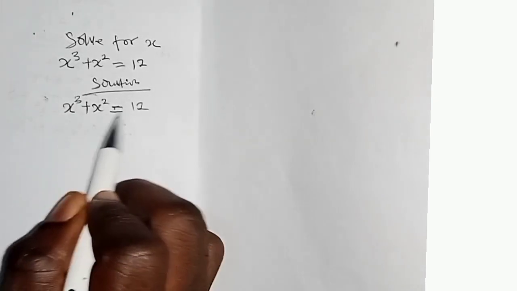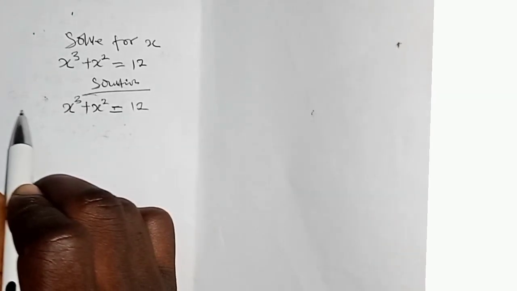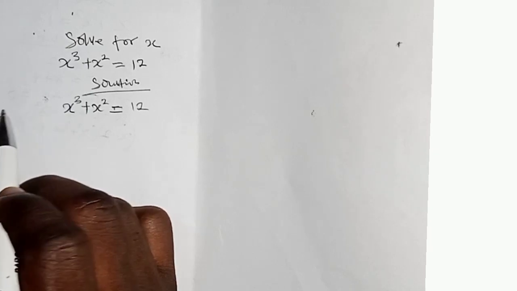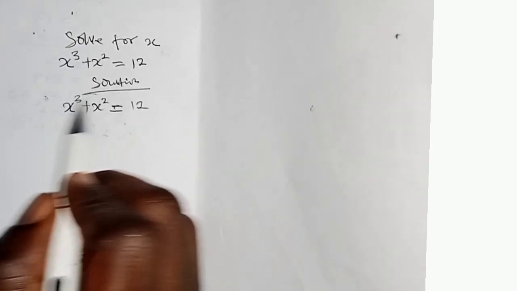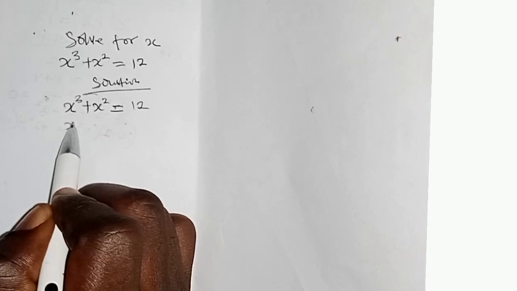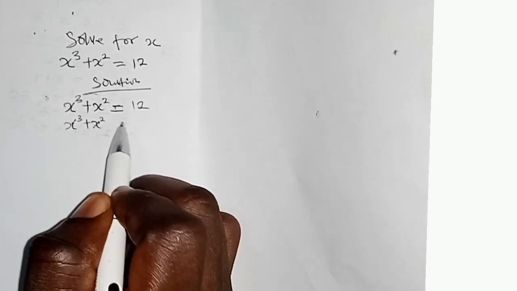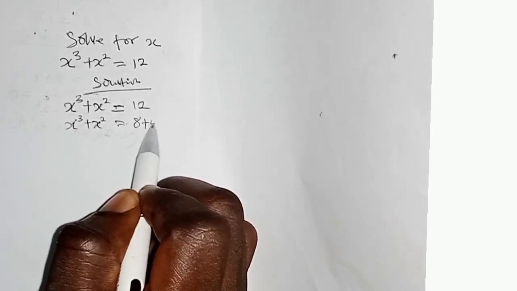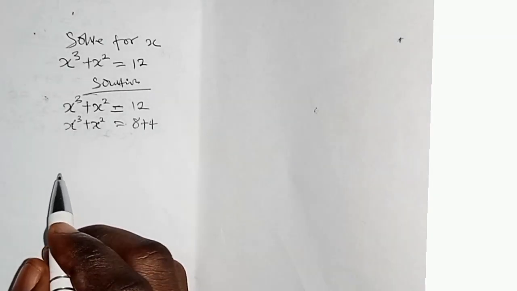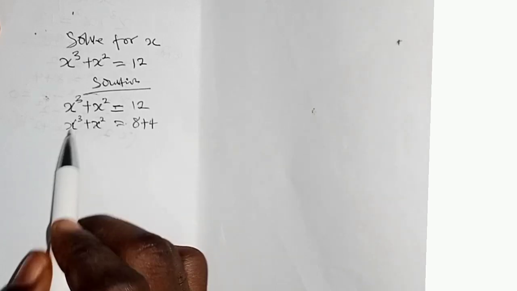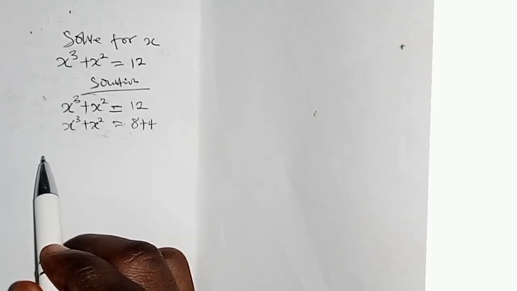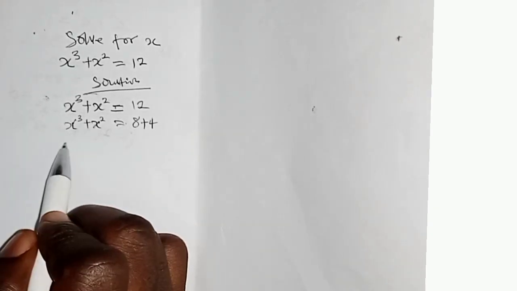So I'm going to rewrite 12 as a sum of 8 and 4. Doing that, I'll have x raised to power 3 plus x raised to the power 2 is equal to 8 plus 4. Now the next thing I want to do is bring them to the left hand side so that I can have my right hand side equal to 0.